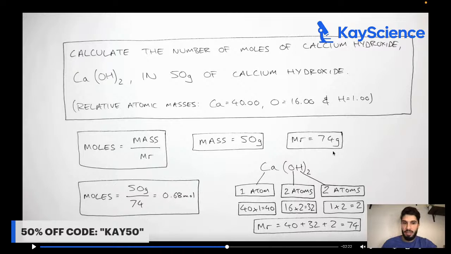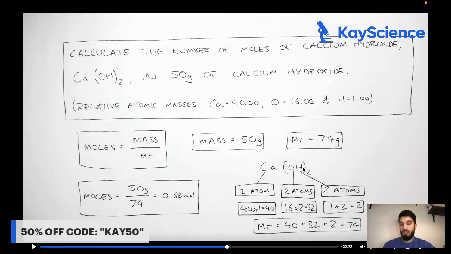That shouldn't be saying 74 grams. It should, because an MR doesn't actually have a unit. So MR is just 74. How did we figure that out? Well, the AR of calcium is 40. The AR of one oxygen atom is 16. But because there is a small 2 on the outside of the brackets, we multiply 16 by 2. So this equals 32.